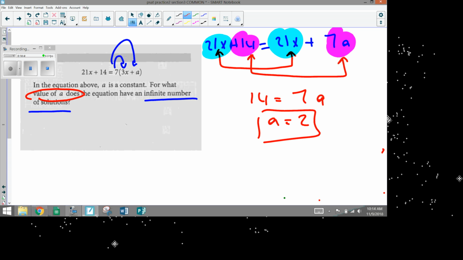So 14 is equal to 14. When you plug in 1 here, it's going to be 21 plus 14, 21 plus 14, same thing. And plug in 3, it's going to be 63 plus 14, 63 plus 14. So whatever you plug in, that is the same.